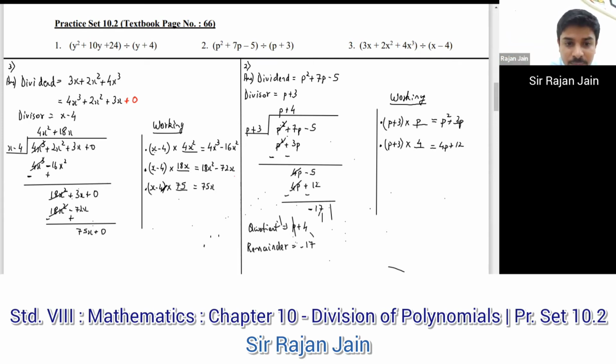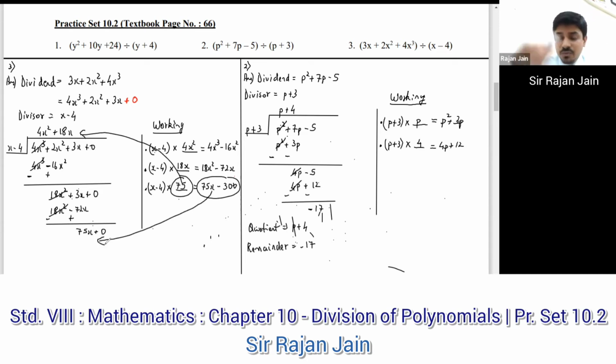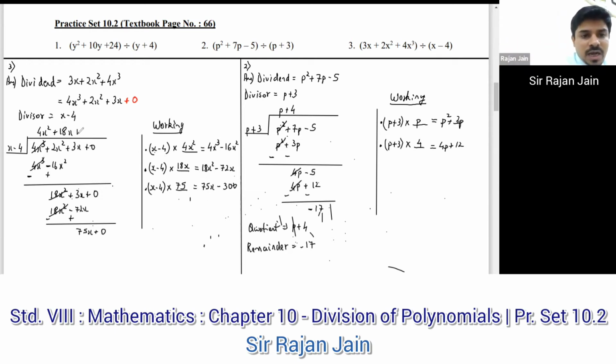Then minus 4 into 75. By default the second term gets multiplied and you write it over here. So minus 4 into 75 will give me minus 300. Whatever number I write over here forms a part of your quotient, and whatever number you have written over here forms a part which you need to write below the dividend. So now here I write plus 75, and below I will write 75x minus 300.